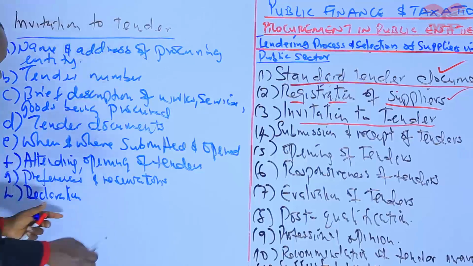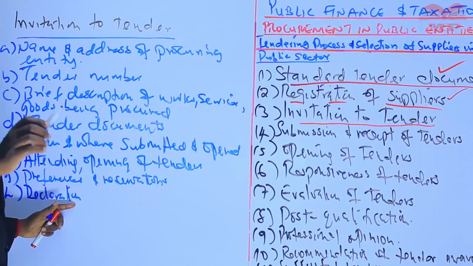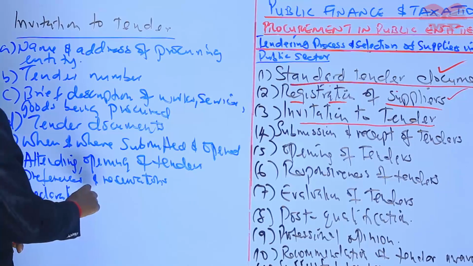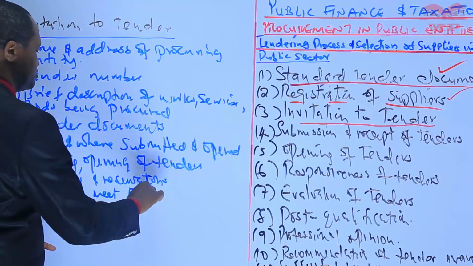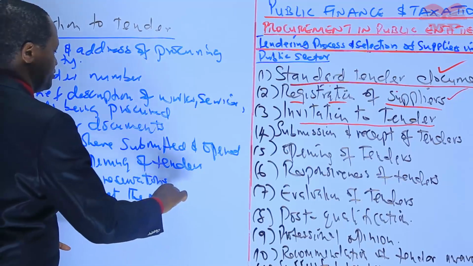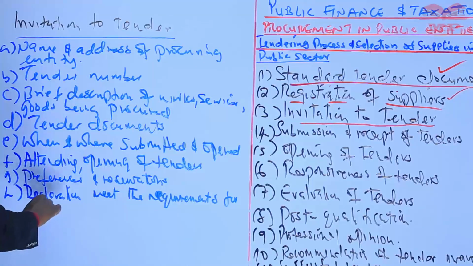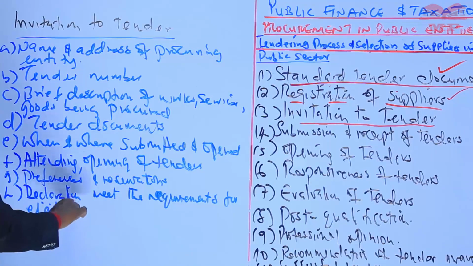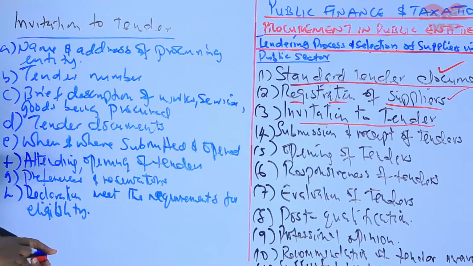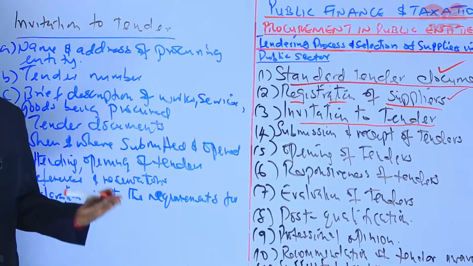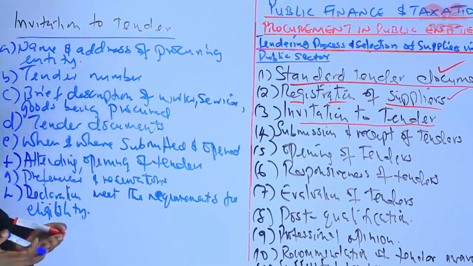When inviting tenders, the accounting officer should declare that the tender is only open to those who meet the requirements for eligibility. That's why you hear sometimes those who do not meet eligibility ought not apply.